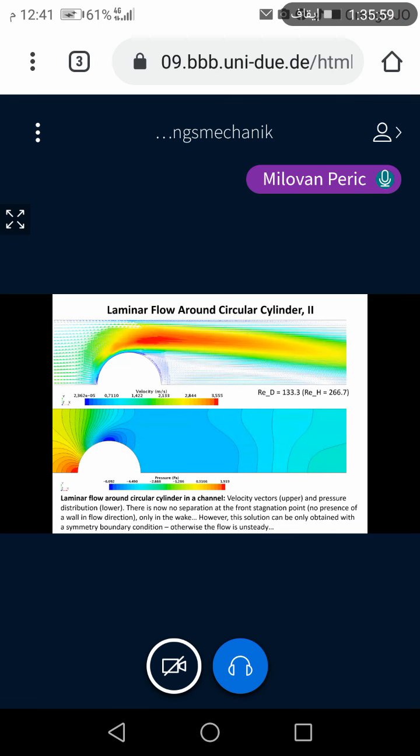It's very similar to the flow with the obstacle on the bottom wall, but the difference is that you now don't have separation at the front stagnation point because there is no wall. As Prandtl said, no wall. In spite of the adverse pressure gradient, there is now symmetry and no separation. And then this large zone of almost constant pressure behind the obstacle is still larger.